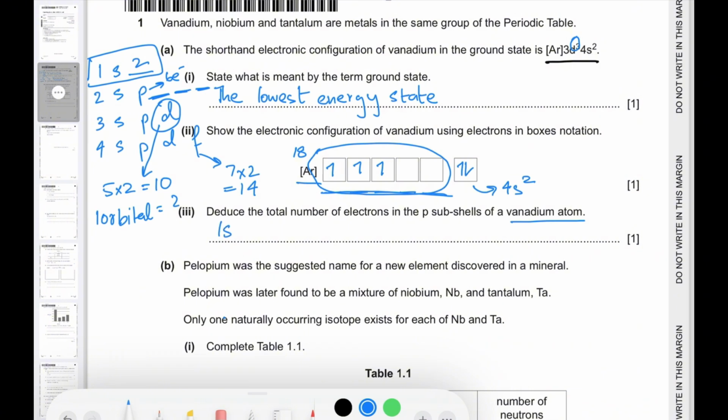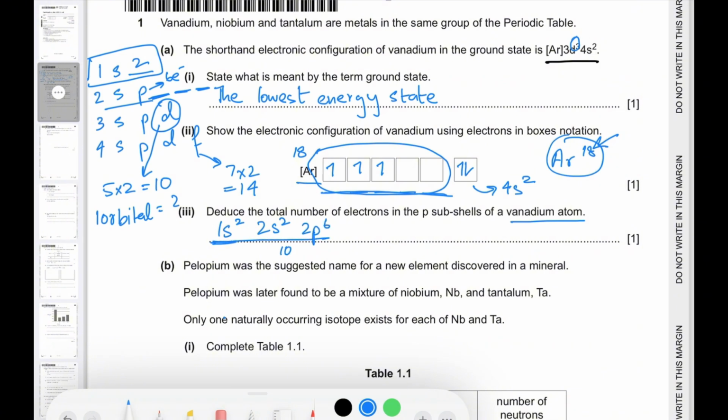That would be 1s2. Now we have to expand the argon configuration so we can find out the total number of electrons in subshell p. So we need to find out how all of these 18 electrons are occupied. Starting off with 2 electrons in the 1s orbital, then you move on to the next orbital, which is 2s2. That's followed by 2p6, which makes up 10 electrons.